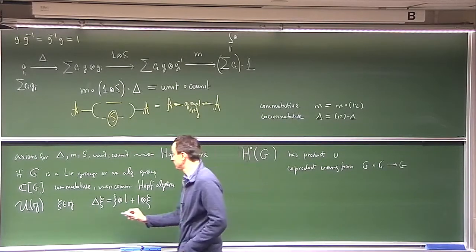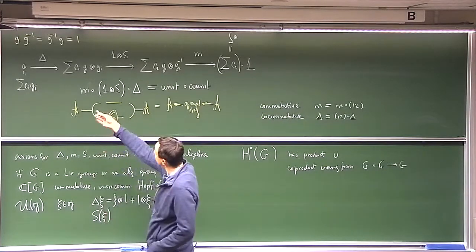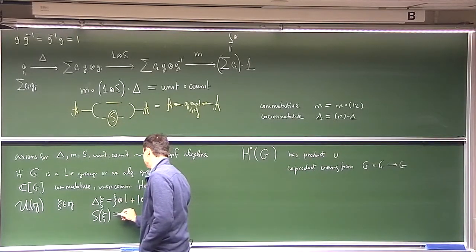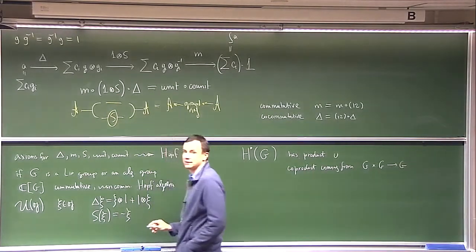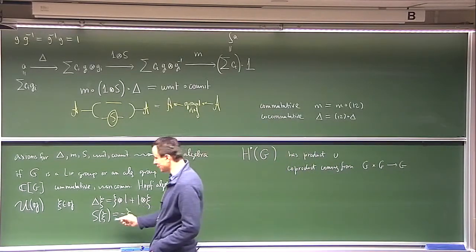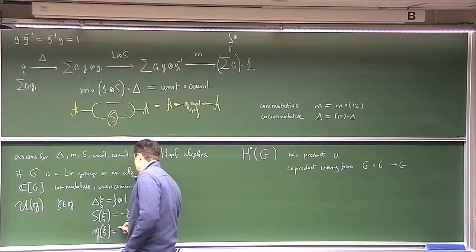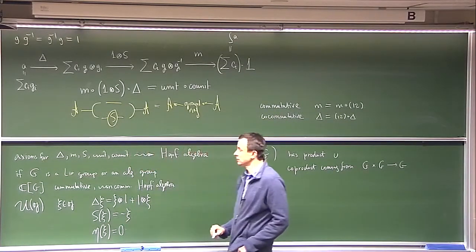And then the antipode is the derivative of the inverse, which is minus. And the action of any psi in the trivial representation is 0.